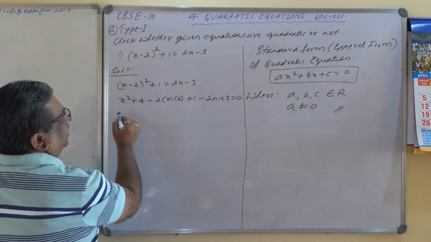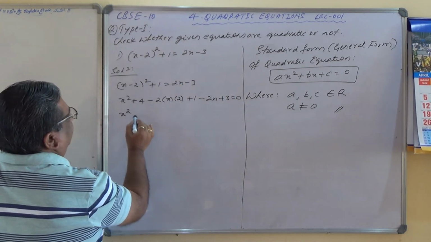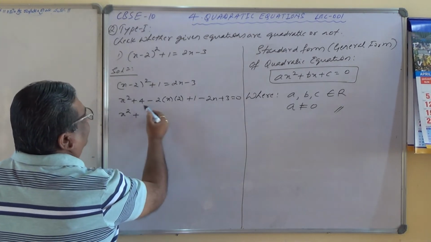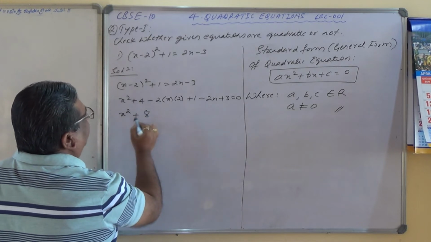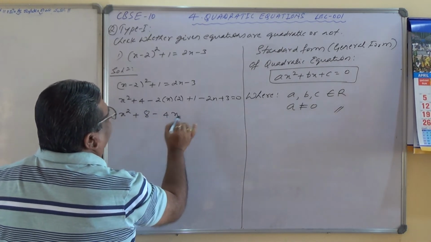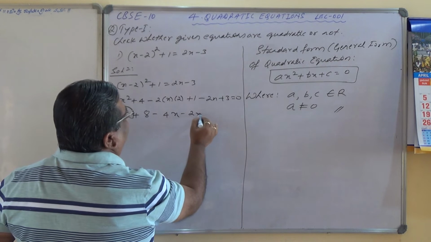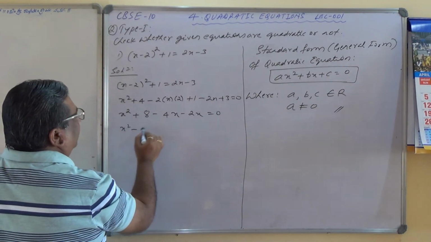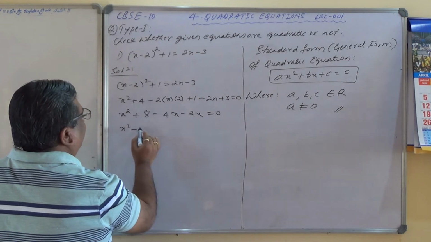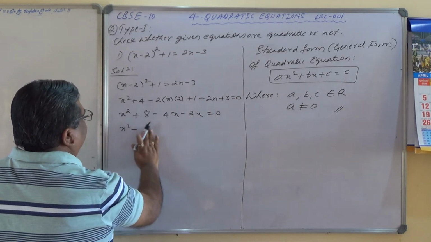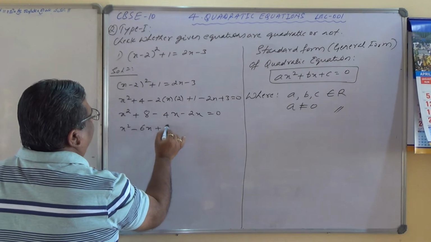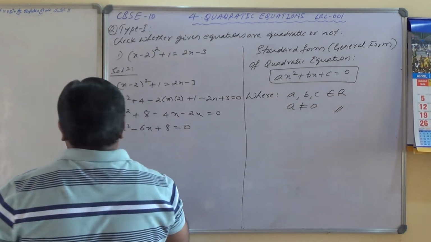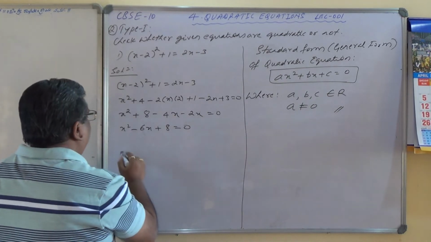So once again I can write it: x square plus 4 plus 1 plus 3, that is 8, minus 4x minus 2x equals 0. Therefore x square minus 4x minus 2x, minus 6x, plus 8 equals 0. Let me check this one. Yeah, x square minus 6x plus 8 equals 0.